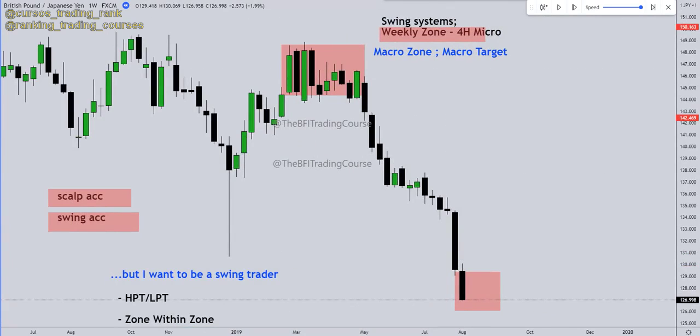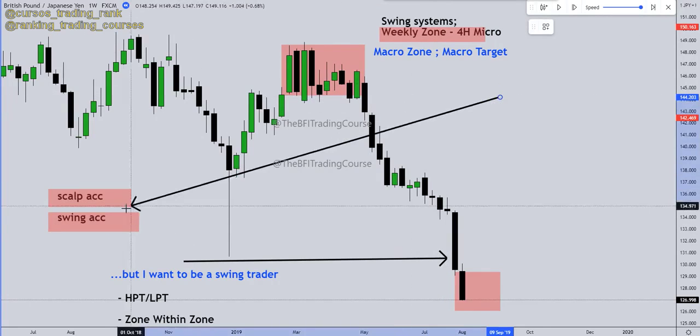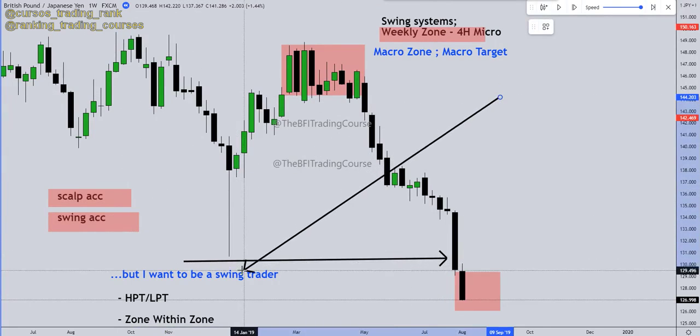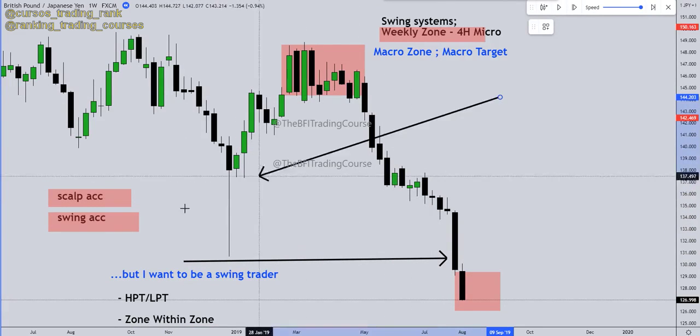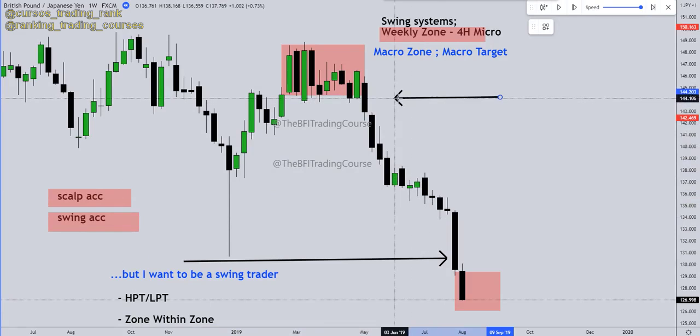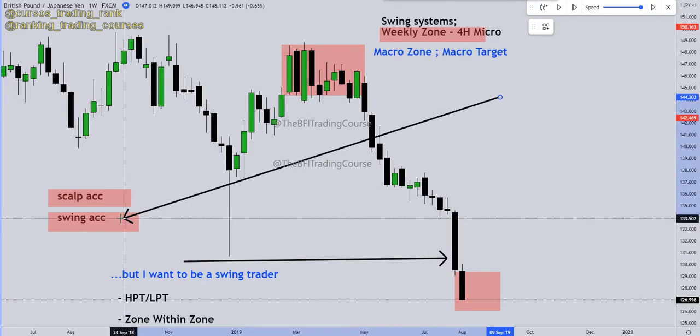Guess what? Weekly target, it's going to take weeks to hit it, but that's why nobody's a swing trader. Okay, they all want to be a swing trader, but they don't have the patience and the set and forget mentality to be a swing trader. Okay, I didn't say set and remember.